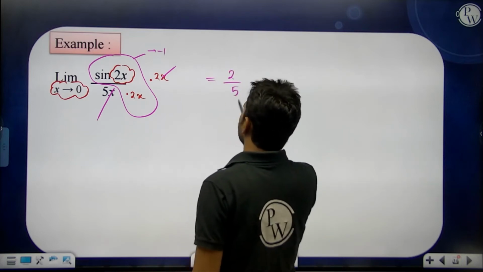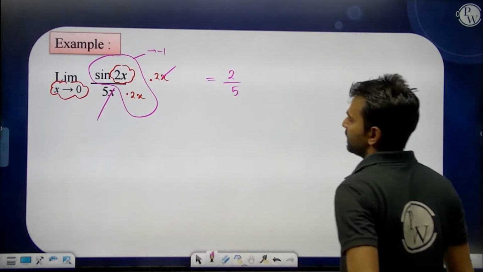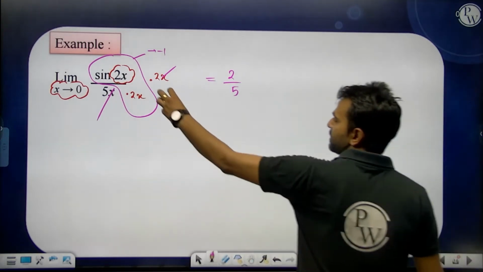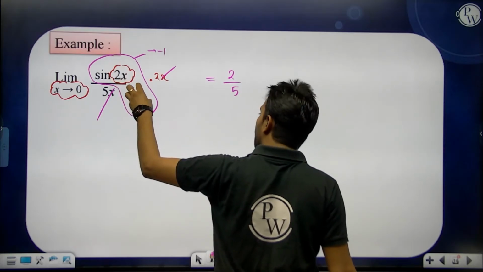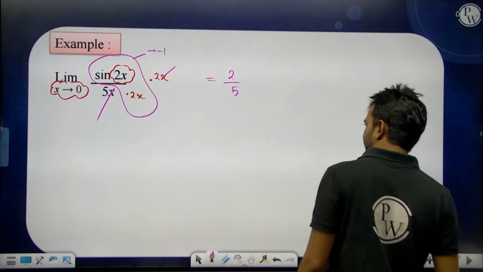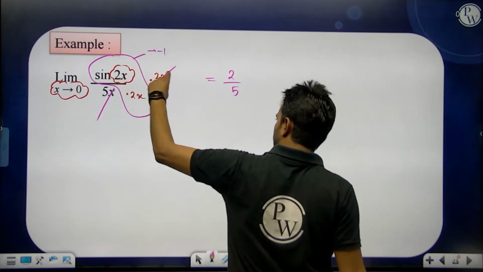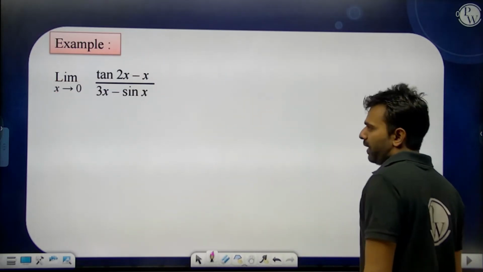A lot of times the kids say that the answer of this particular thing is 1, but no, the answer is 2 by 5. Because if this thing is written over here and it is moving towards 0, the very same thing will be written in the denominator as well. Now this is not written, so we're going to multiply this in the numerator and the denominator both, and then this limit becomes 1. So 2x upon 5x, x and x cancelled. What we are remaining with is 2 by 5.